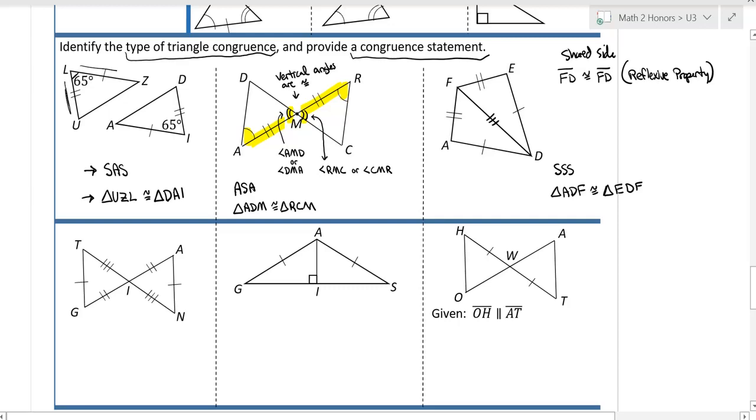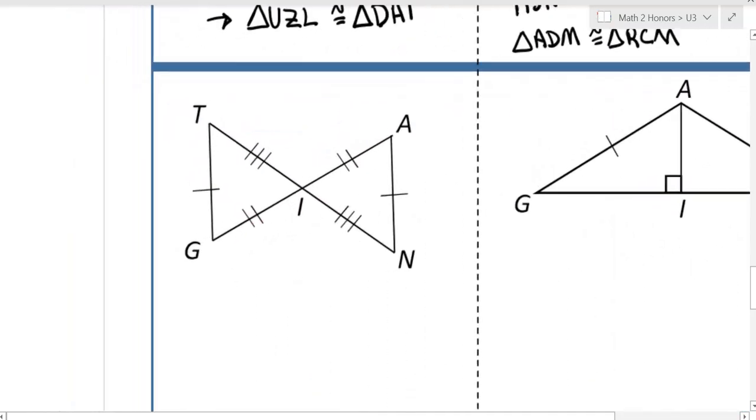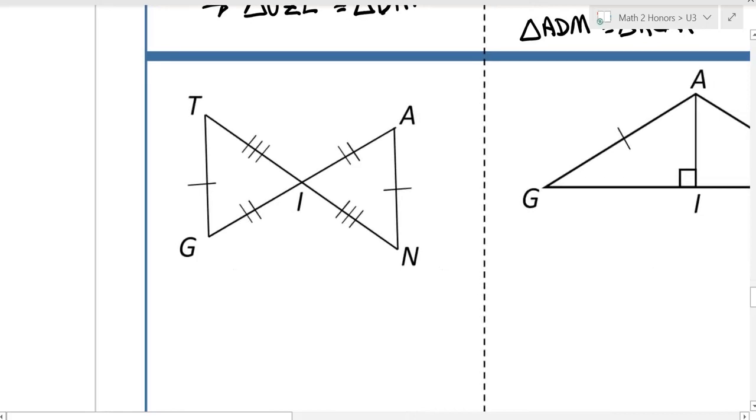Okay, so this next one, just the way it's written, you see side, side, side. So we could say triangle GTI is congruent to triangle, G is between the 1 and the 2, and so is A. T is between the 1 and the 3 marks, so is N, and then I. By side, side, side.